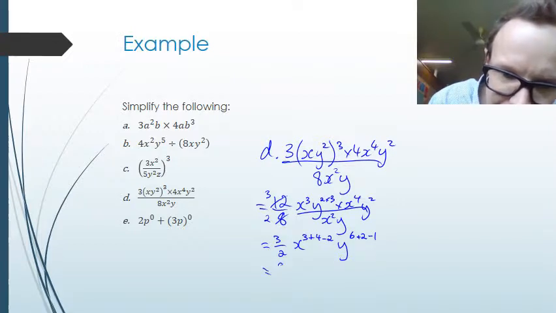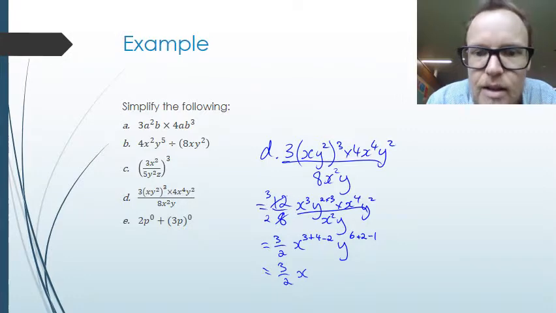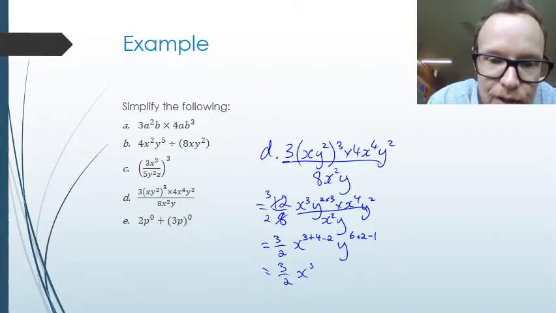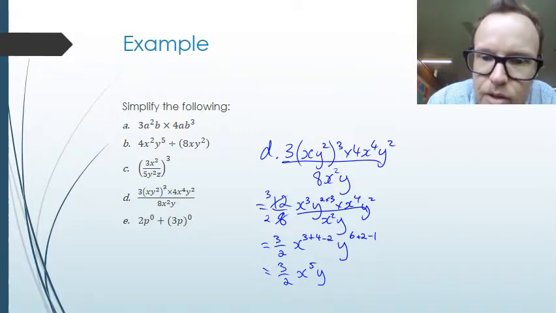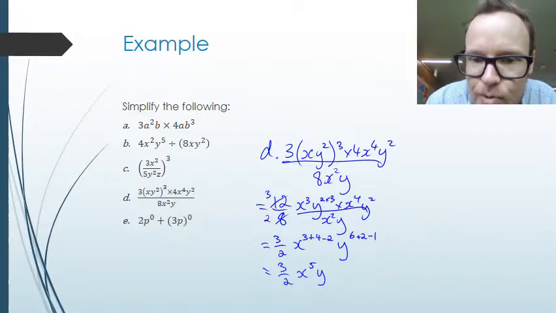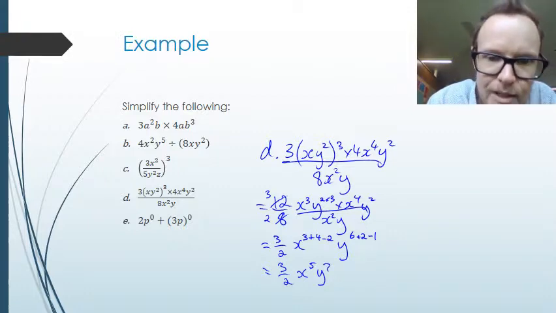So I'm left with now the 3 over 2 x, 3 plus 4 is 7 minus 2 is 5, and y, 6 plus 2 minus 1 is going to be 7, y to the 7.